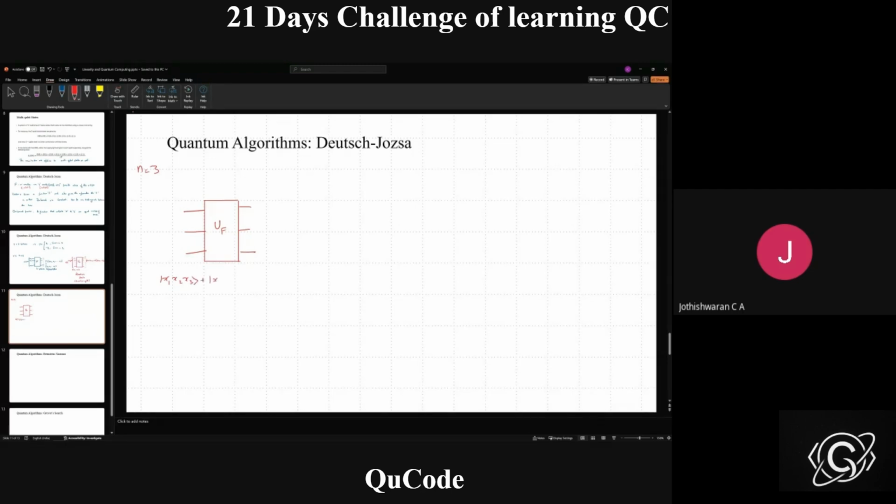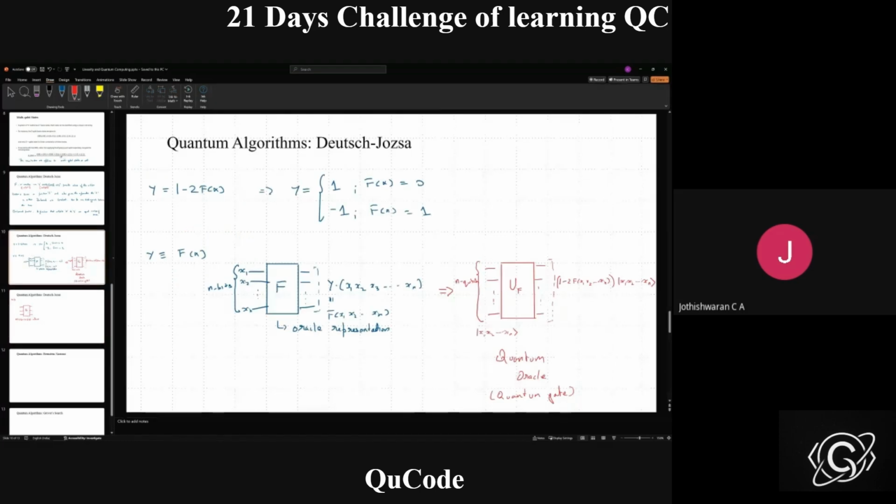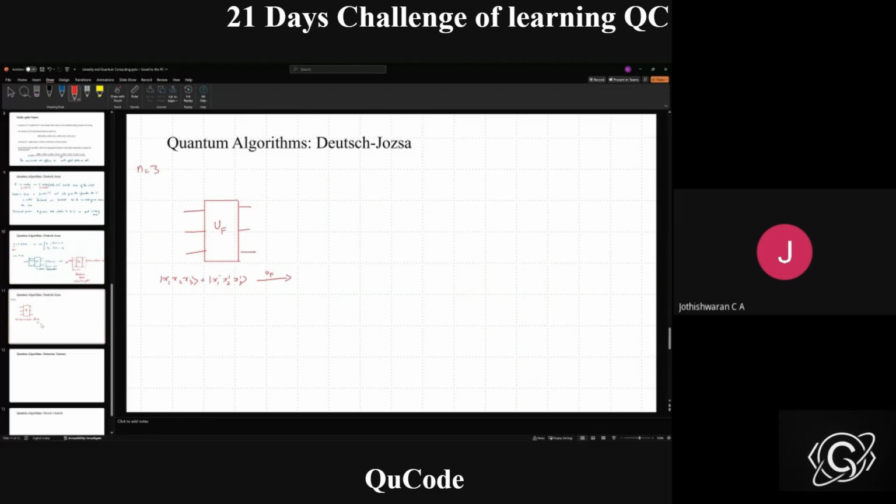plus x1 dash, x2 dash, x3 dash, then what will I get on the output side? What will UF give me? UF is actually going to give me, you know what, I will equivalently write this as y of x over here, instead of writing it as 1 minus 2 f of x, which is slightly complicated to write.